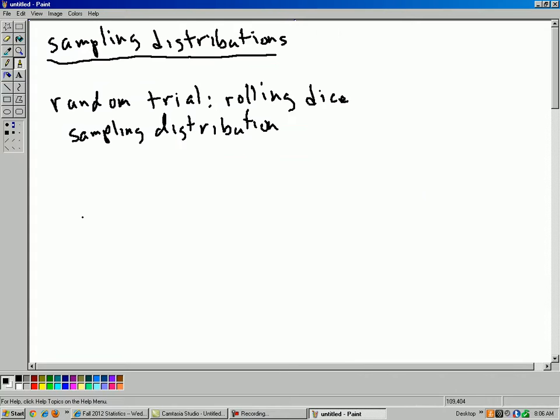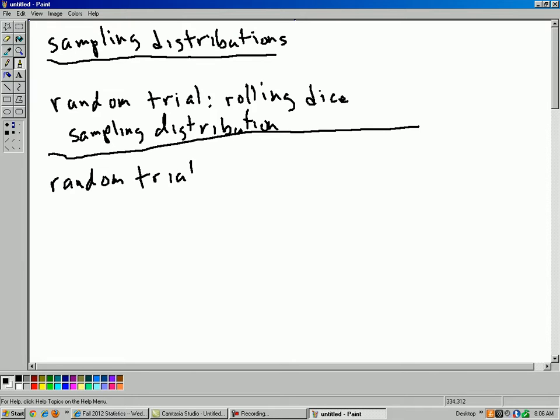Now, we're doing the exact same thing, but the random trial now is taking a sample. Like the example with drawing fish from a fish tank, there's many more than just 36 possible outcomes.